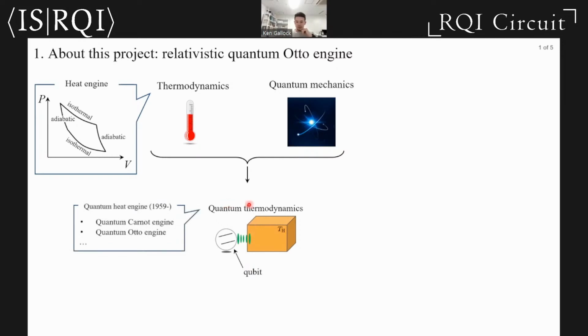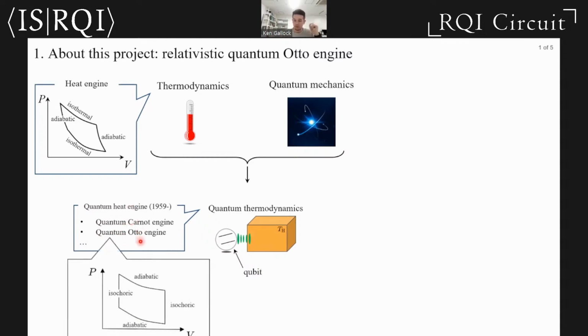Also in quantum thermodynamics, you can consider something like quantum heat engines. For example, the quantum Carnot engine and quantum Otto engine are very popular engines. In particular, the quantum Otto engine is our main topic today.